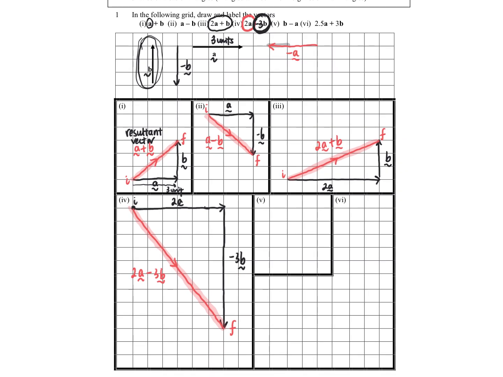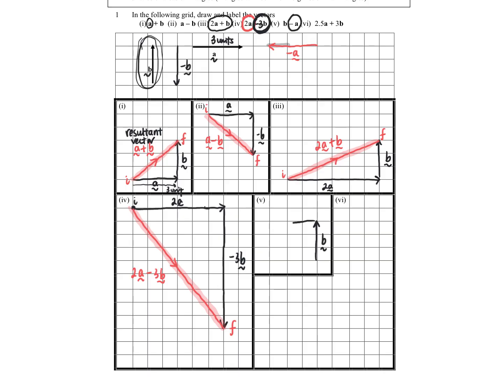Okay, next one is B minus A. So B is going upward 3 units. So I do B first. B is going upward 3 units. And then they say minus A. A is moving to the right 3 units. Minus A is moving to the left 3 units.